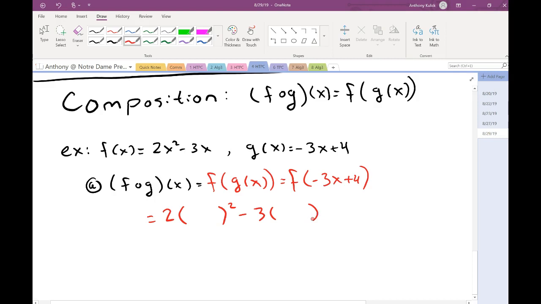Notice that I recopied exactly my variable expression for f of x, and I just replaced the x's with parentheses. And then inside those parentheses, I'm going to write that expression for g of x. So I'm literally just plugging one function into the other.